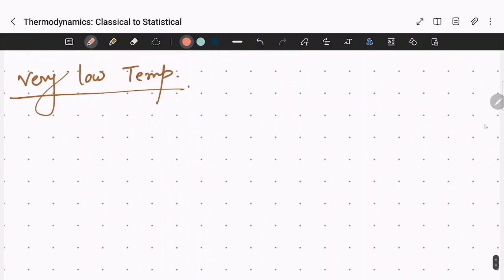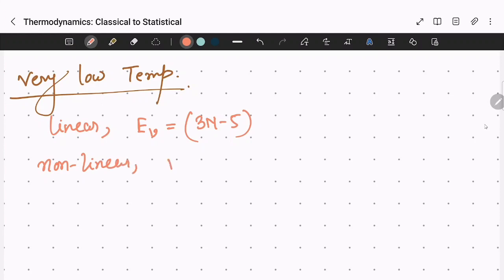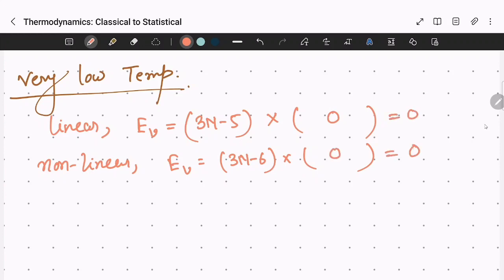For low temperature, Ev is the number of modes, which is 3N minus 5 for a linear molecule, and for a non-linear molecule, Ev is 3N minus 6. This is correct, but this contribution at high temperature is kBT, while at low temperature it is 0. There is no contribution, so it is 0. This is for low temperature.